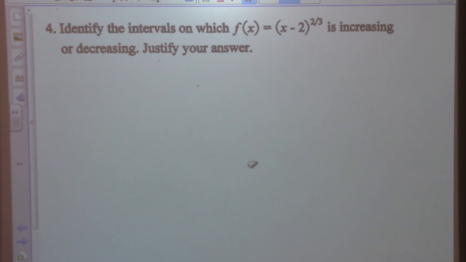It's the same type of process, other than you don't find x equal to 0, you find x undefined at x equals 2. I think I get it.